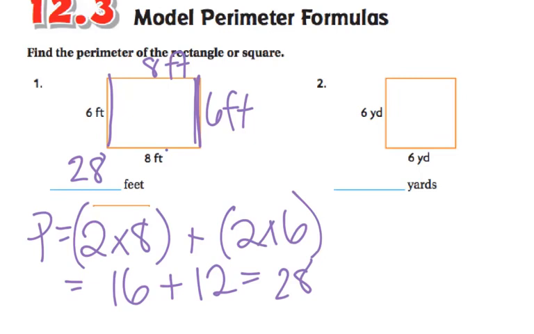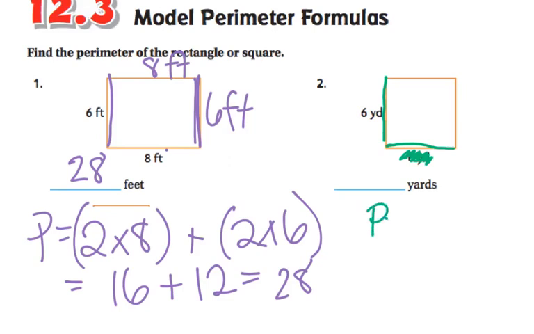Okay? In this next picture, we actually have a square. I can tell it's a square because, look, I have 6 yards as my length and 6 yards as my width. A lot of times, they're not going to even show you one of those. They're going to just give you 6 yards. And then they want you to realize, oh, to find the perimeter of this square, I am going to multiply 4 times 1 side length.